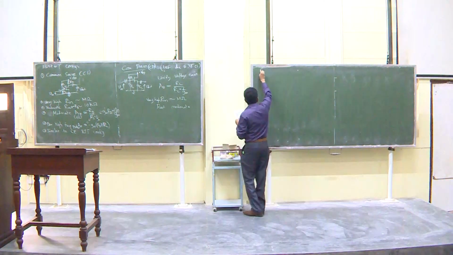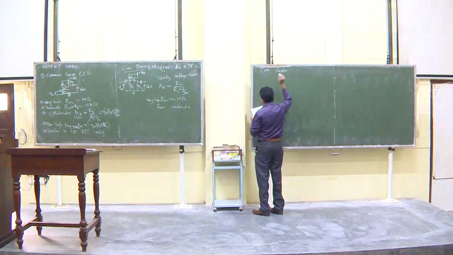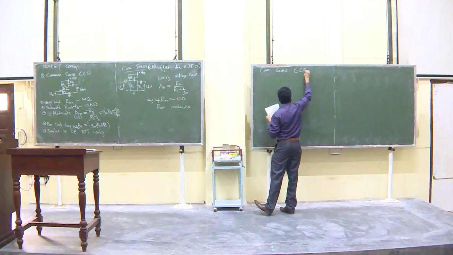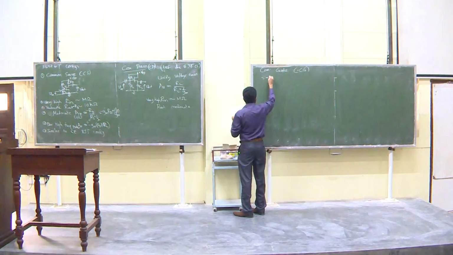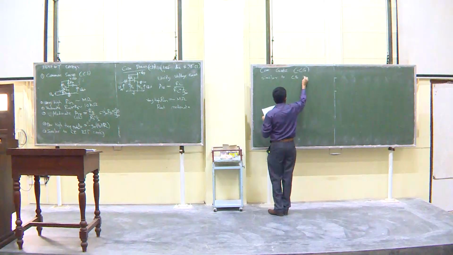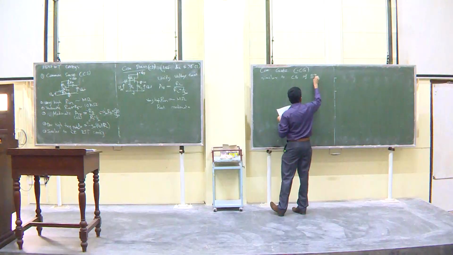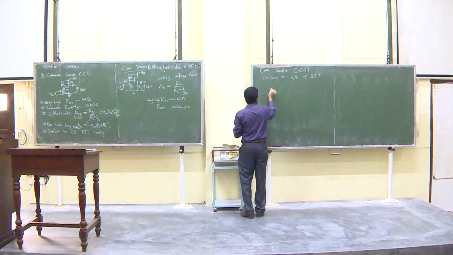The last one, common gate, or CG configuration. This is similar to the common base amplifier of the BJT.